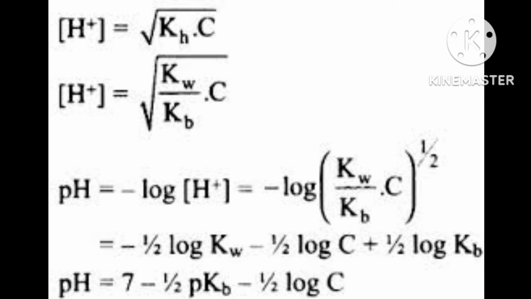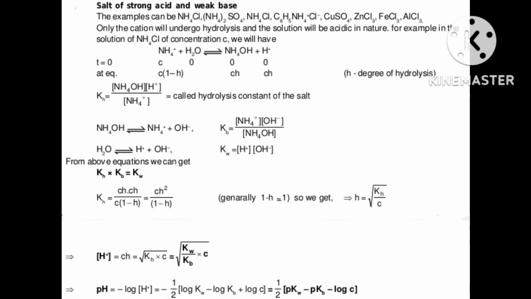Again I am telling you, a buffer of known pH can be prepared from the knowledge of the pKa of the acid or the pKb of the base, and by controlling the ratio of salt and acid or salt and base.